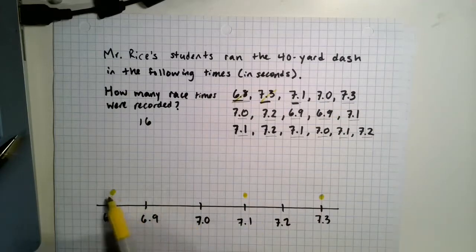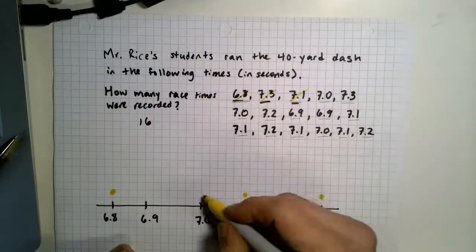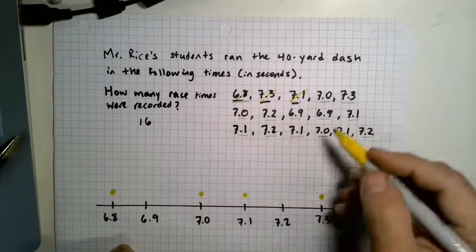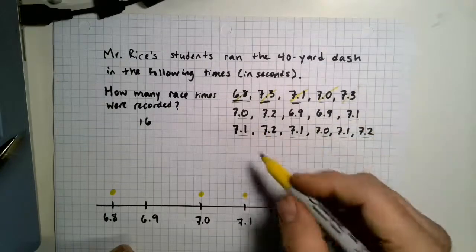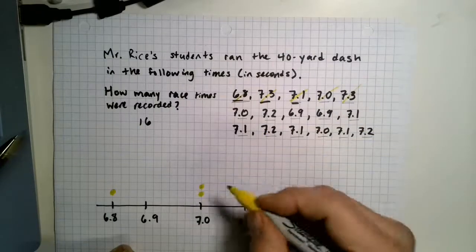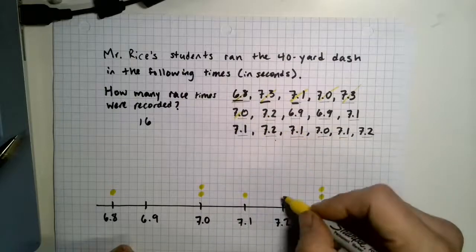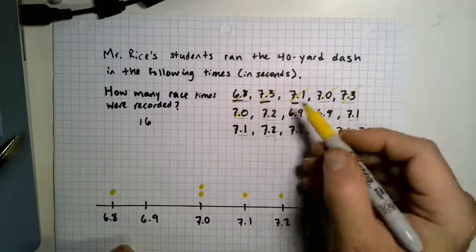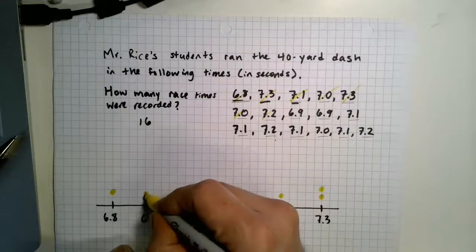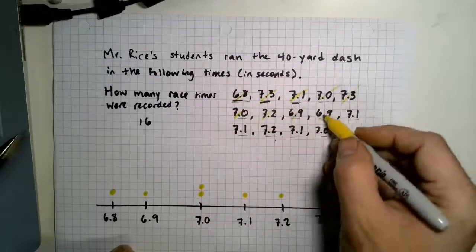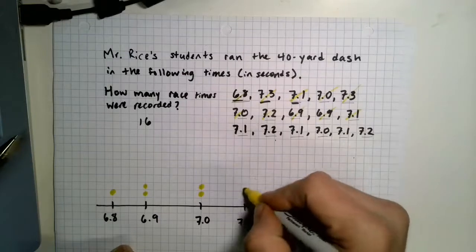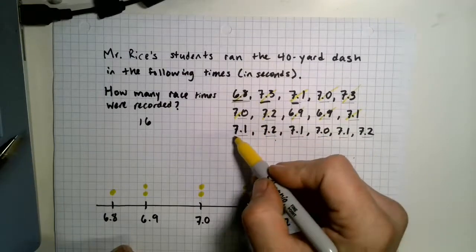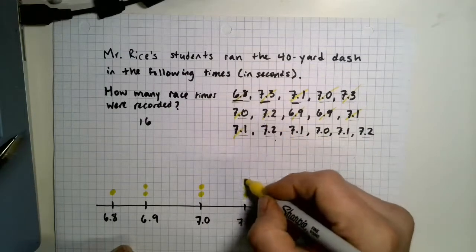See how they're all in that same row of boxes right there? 7.0, I have a dot. 7.3, I have another dot. 7.0, I have another dot. 7.2, I have a dot. 6.9, I have a dot. Another one at 6.9. One at 7.1. Another one at 7.1.